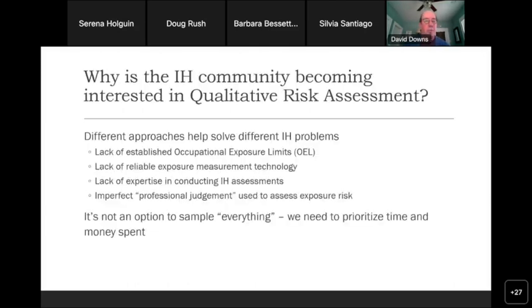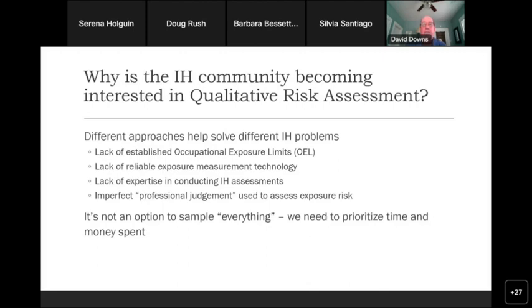So let's just jump right into it here. I guess the initial question we want to talk about is why is the industrial hygiene community becoming interested in this approach more? The reason I think is that the different approaches to doing qualitative risk assessment help solve different industrial hygiene problems.